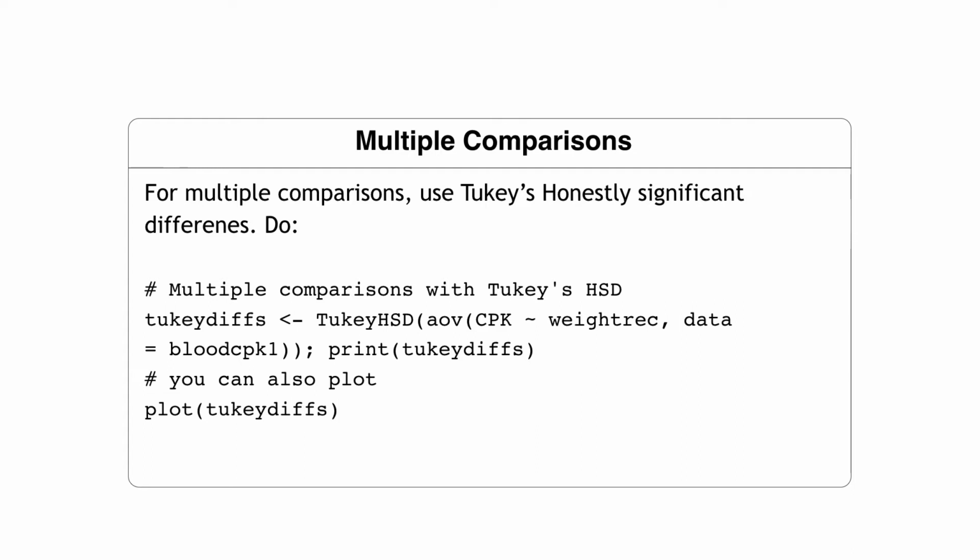In the TukeyHSD, you use the aov, or analysis of variance function, for a regression kind of equation, which is CPK, then the squiggly mark, which is tilde, and then the recorded weight, weight rec, and then you give the data, so data is equal to blood CPK. When we do this, it prints out Tukey's honestly significant difference.